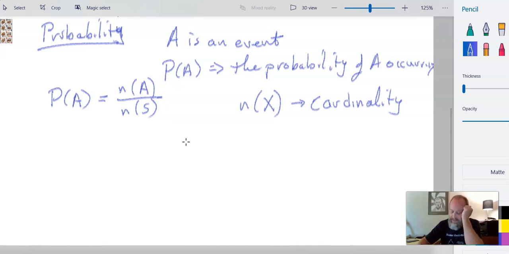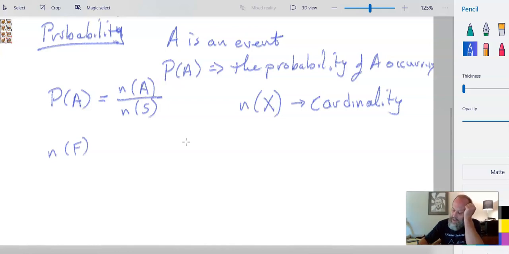So A is a set, S is a set. A would be the set that contains all the things it depends on, what the trait is that you're measuring. If you're measuring how many female students there are, and F is the set of all female students, then n of F would be the number of female students.